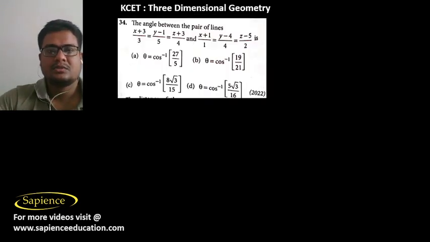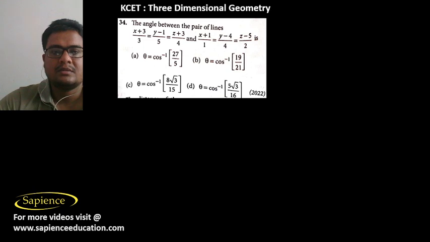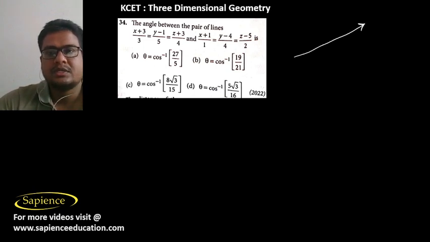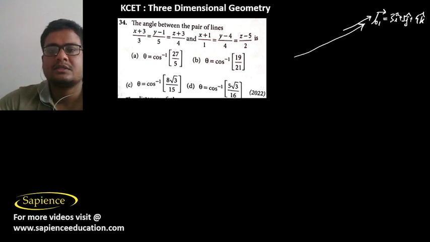Then in question number 34, we are asked the angle between the pair of lines. The first straight line has direction ratios 3, 5, 4, so b1 vector is 3i cap plus 5j cap plus 4k cap, parallel to the first line L1.